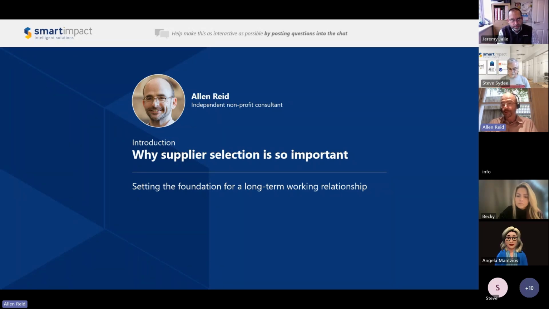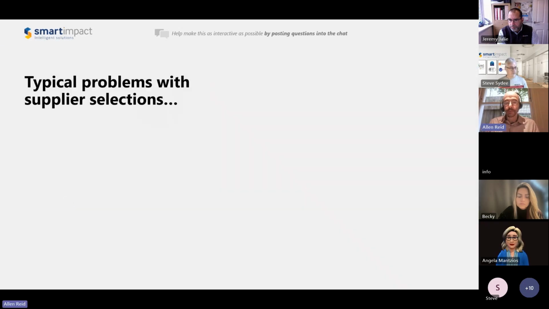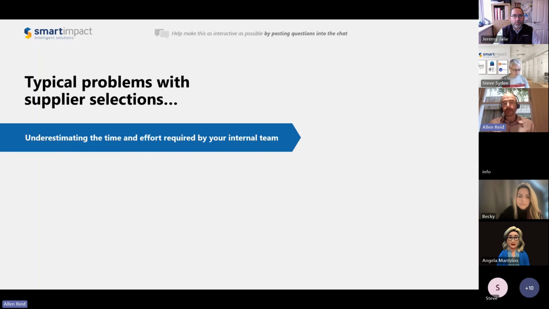First of all, what I think it's worth covering off are some really typical problems with supplier selections in the not-for-profit space. The single most common problem I find is that people underestimate the amount of time and effort required by the internal team.